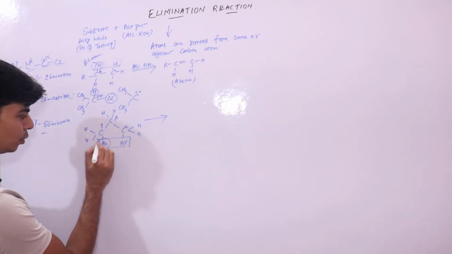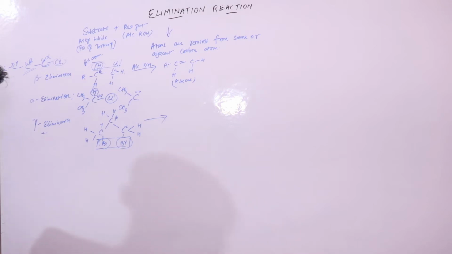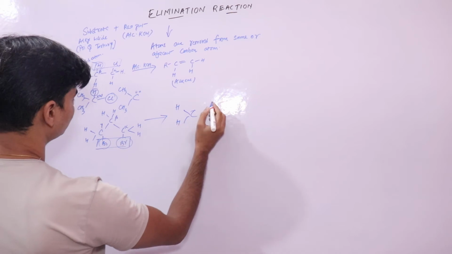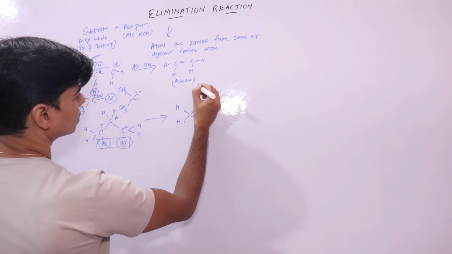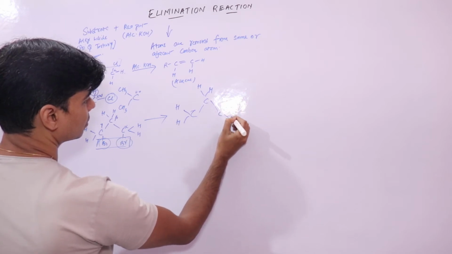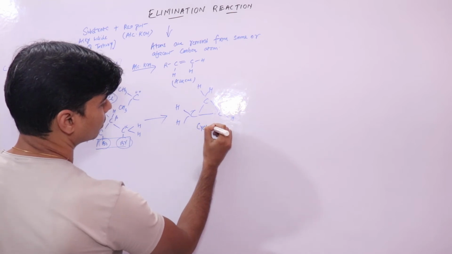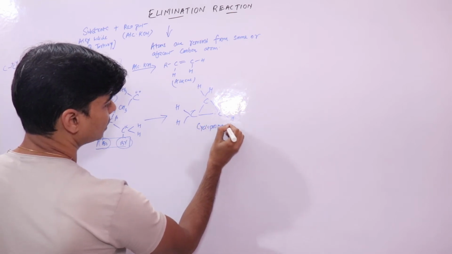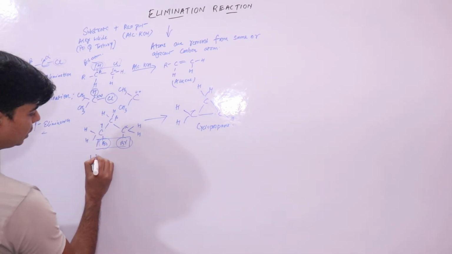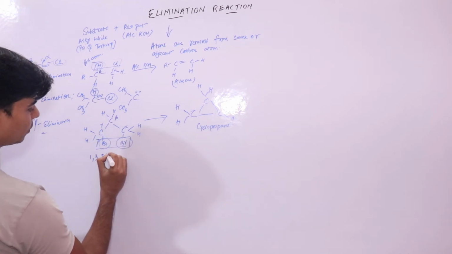The bromine atoms that are removed are from the alpha carbon and the gamma carbon. So this is gamma elimination, and gamma elimination will result in the formation of cyclic products. This is cyclopropane, a cyclic alkane, and this is 1,3-dibromopropane.